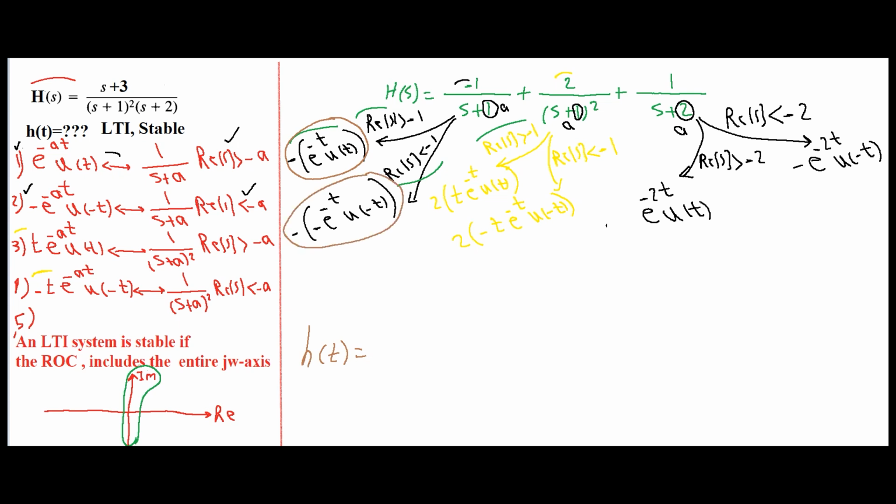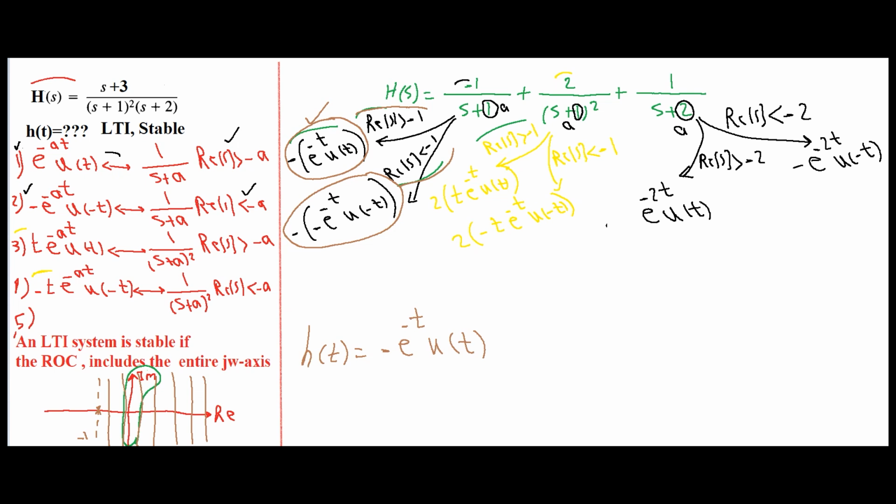From the first two options, the case with real s greater than minus 1 includes the j omega axis. So we choose minus e to the power of minus t u(t).